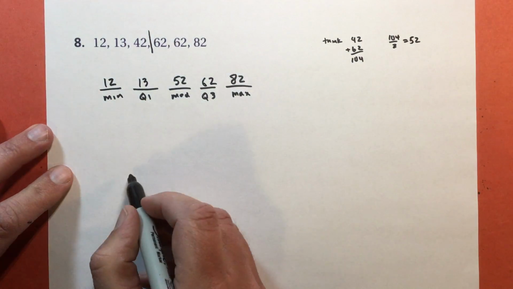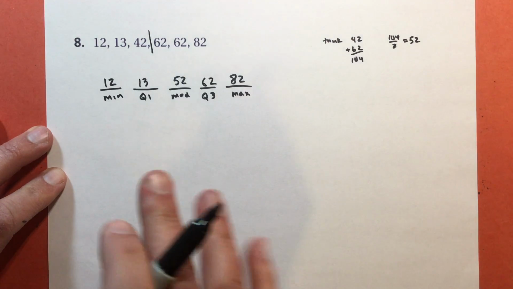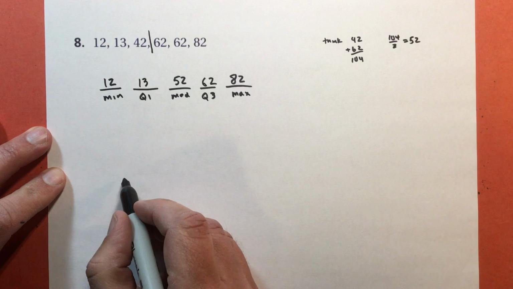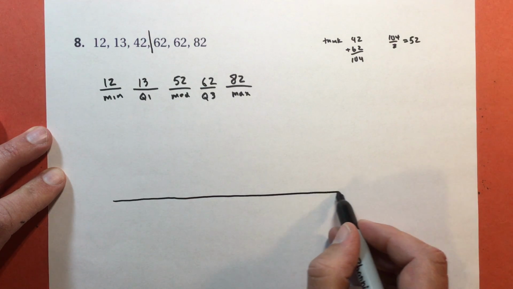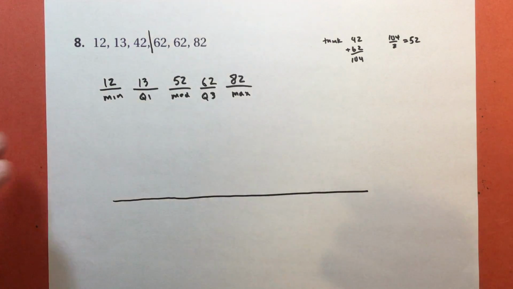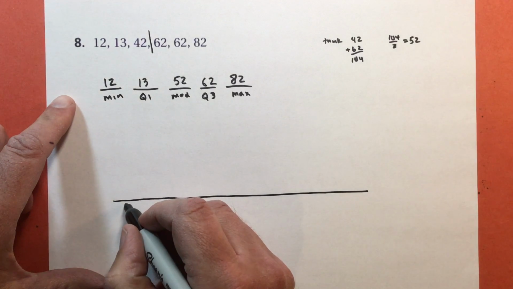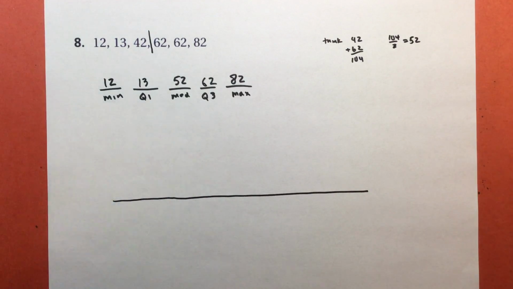Let's draw. So this is make-believe data, and I know that they chose it just because of the weirdness that's happening here. Let's see what the graph is going to look like. I'm going to have to fit it in the paper. I can't just start going 12, 13, 14, 15. I'm going to run out of space. So I got to think about this a little bit.